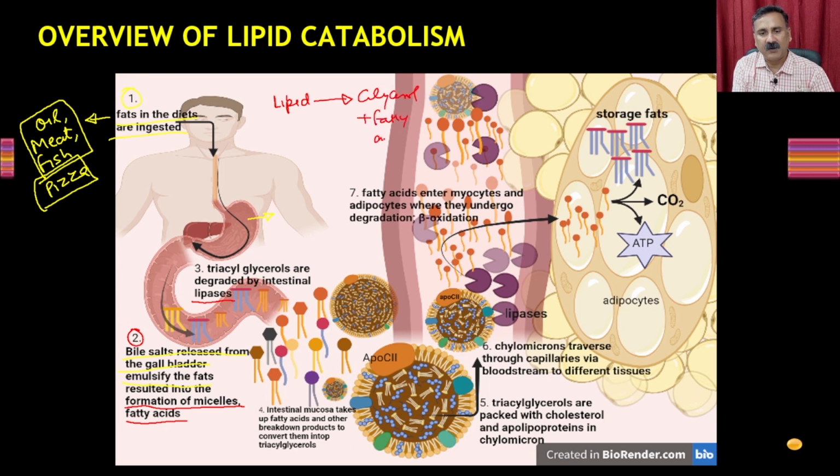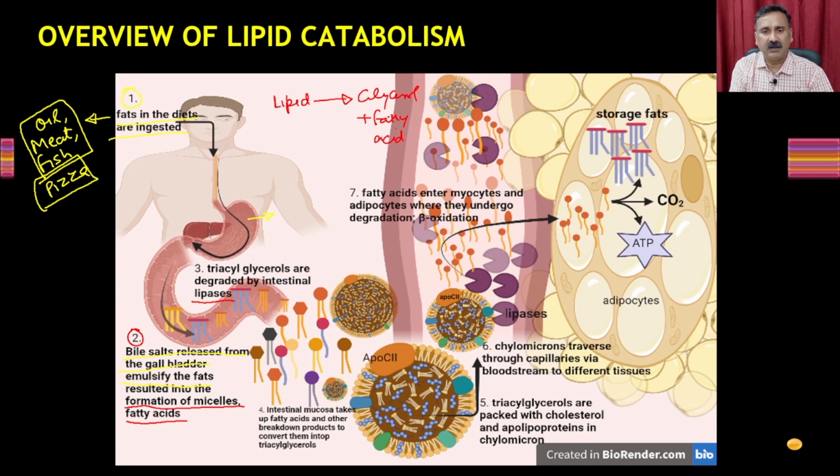The fatty acids could be saturated or unsaturated, but we are not concerned with that here. The pancreatic lipases act on the lipid molecules and produce the fatty acids. These fatty acid molecules are then taken up by the intestinal mucosa, which takes the fatty acids and other breakdown products and converts them into triglycerides.